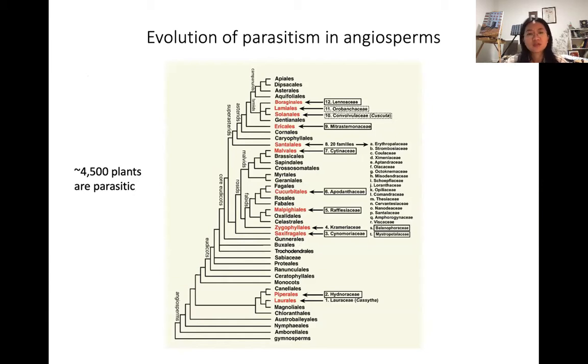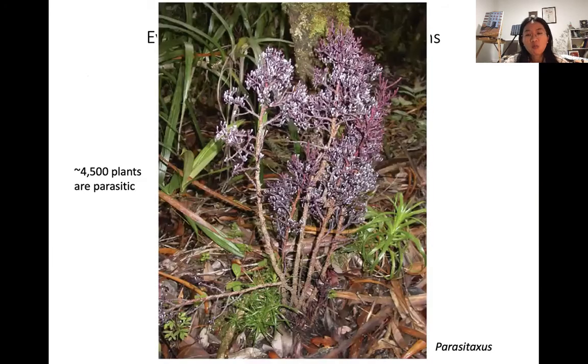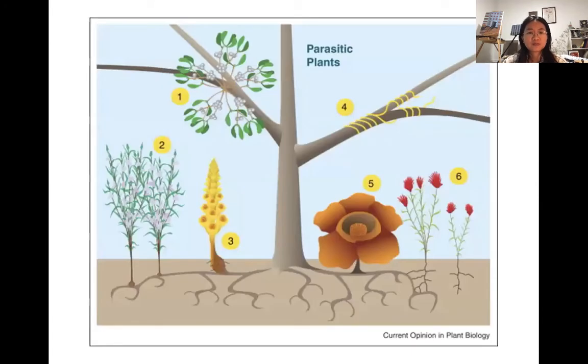Within gymnosperms, parasitism is highly rare, but we do have one genus that has also become parasitic, which is Parasitaxus, a woody, shrubby plant that feeds off other plants as well.